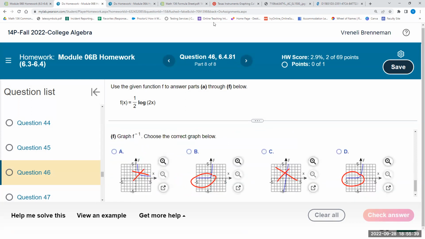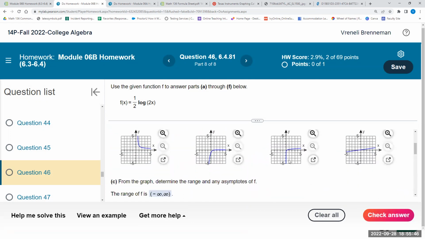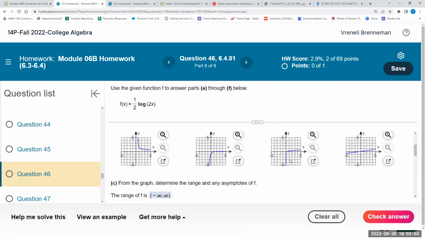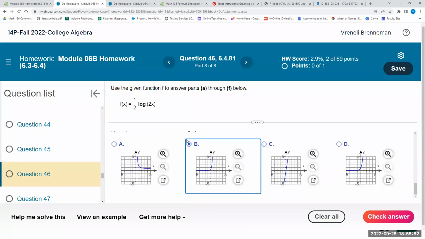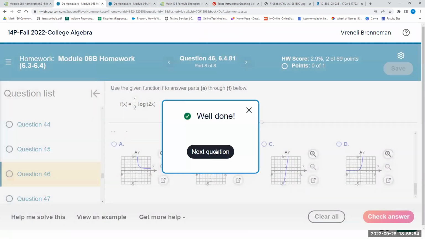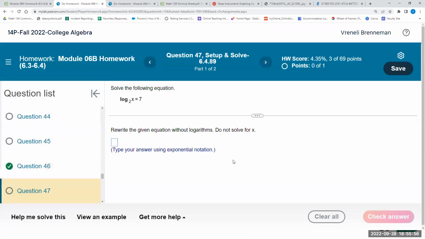So I need the one that's crossing the y-axis at 1/2, not at 1. And you can see the squareness of it, that corner matches up with the graph that we chose for the logarithm as well. So, all right.